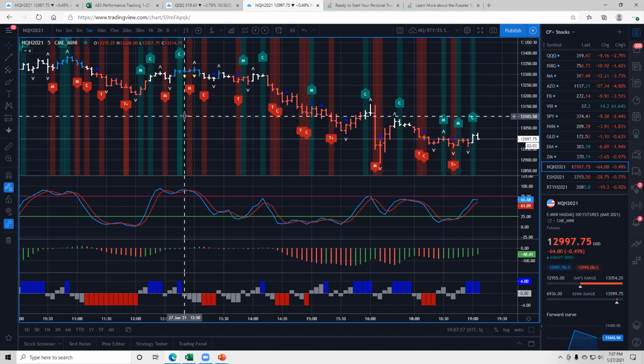You can use the adaptive entry system for any of those methods of trading, but we focus on NASDAQ 100 futures on a 5-minute chart because it gives us enough activity to help you understand how to interpret the signals, how to respond to the signals, how to move away from the signal, how to manage the trade that you're in, and you get a lot of experience. And then if you decide you want to trade something else, you might want to trade gold, silver, oil, whatever you choose to trade, the method is still the same in terms of interpreting the adaptive entry system signals.